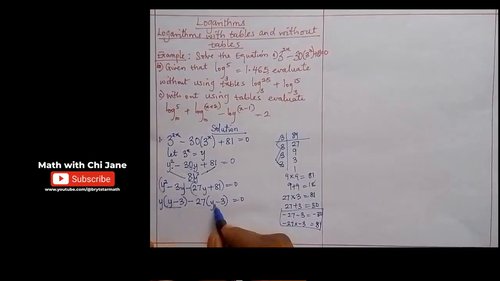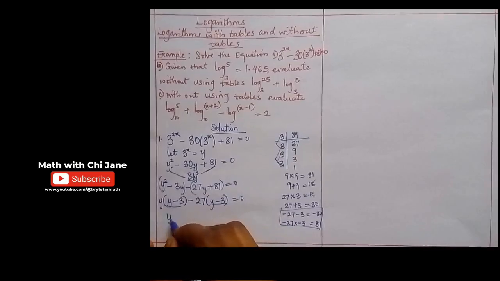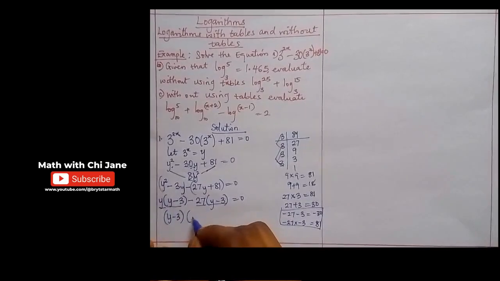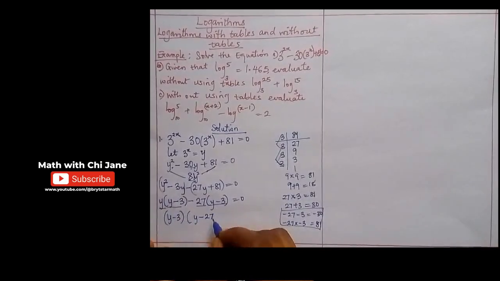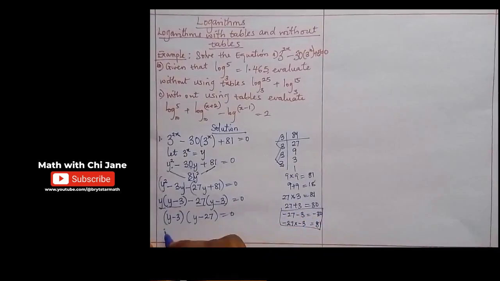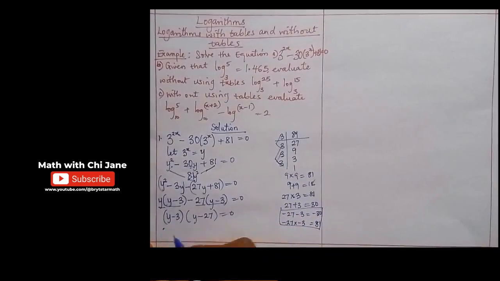We'll pick one of these since they are the same, y minus 3, this and this, and y minus 27 equals 0. So we'll find the two values of y.